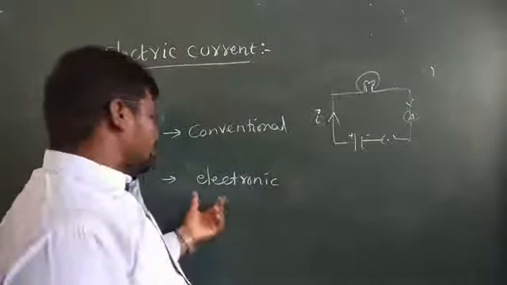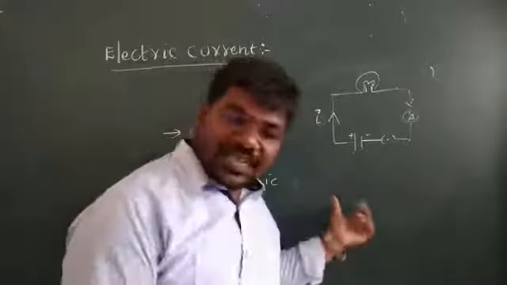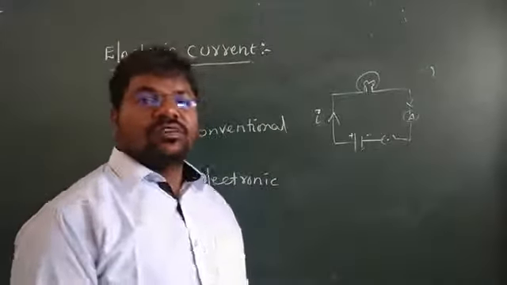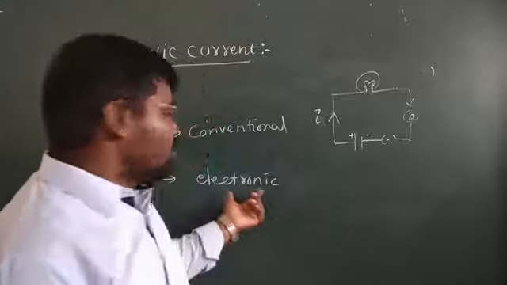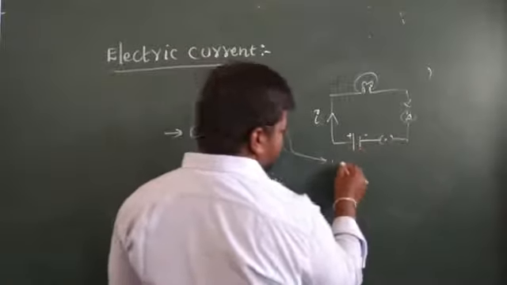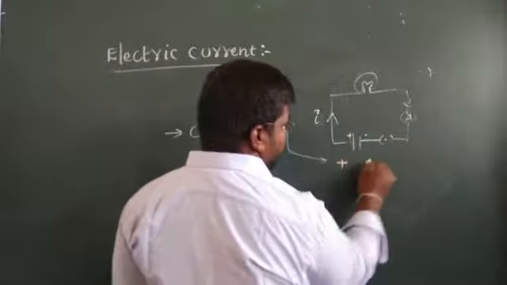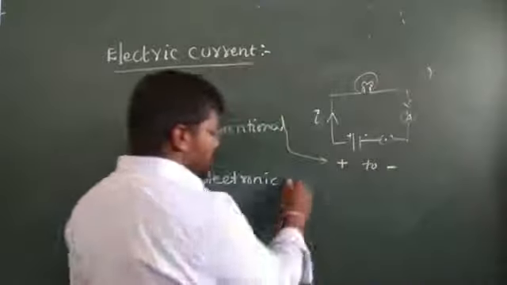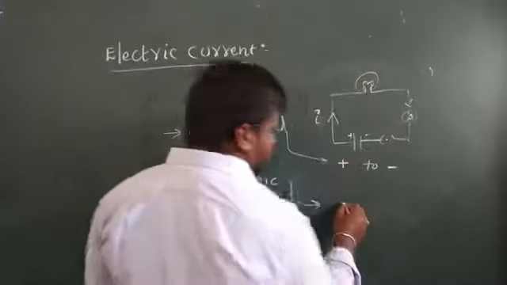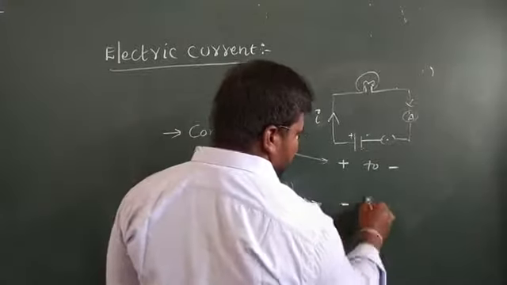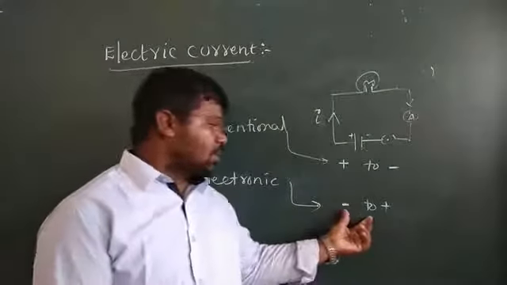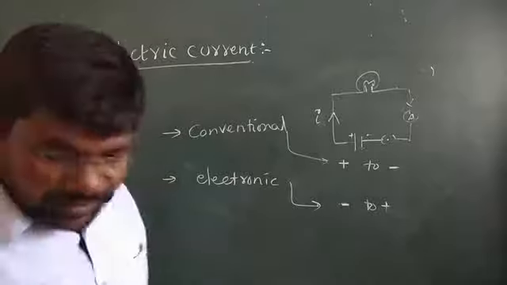The flow of electrons gives the direction of electronic current.